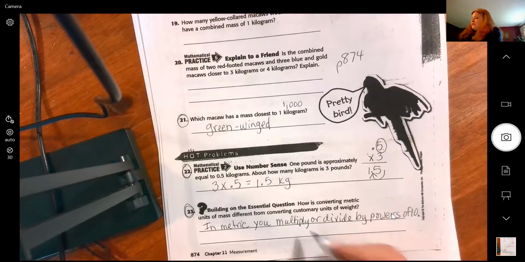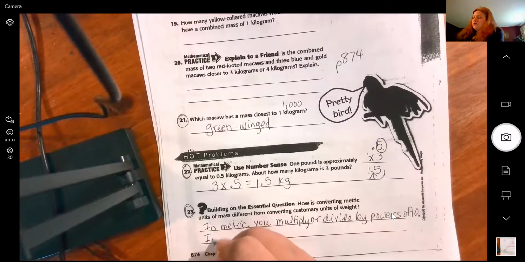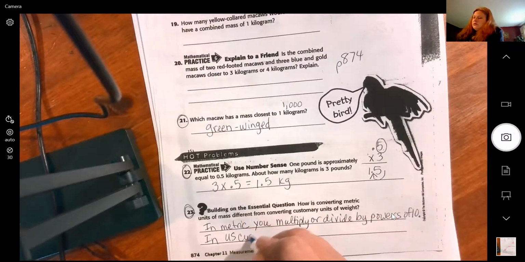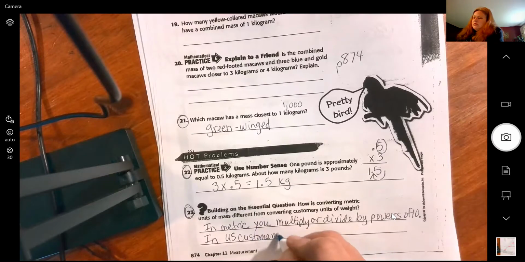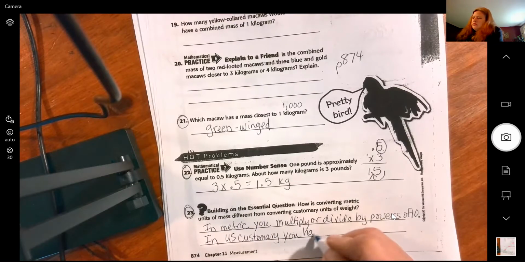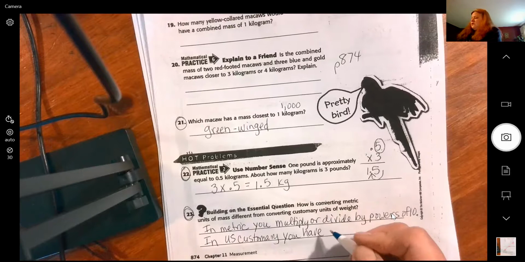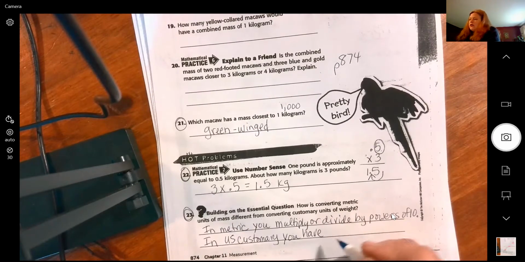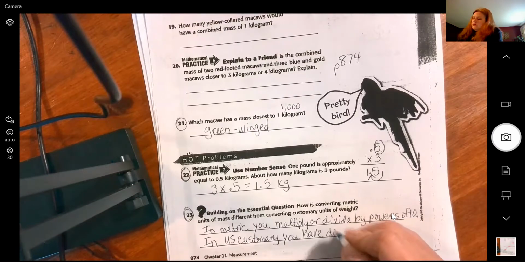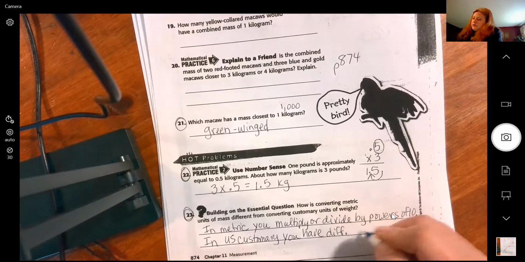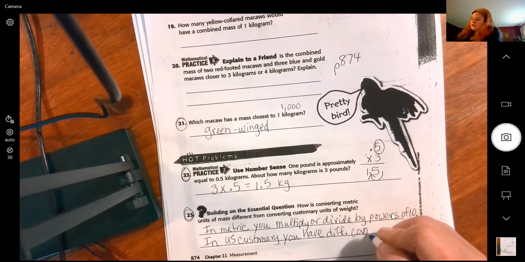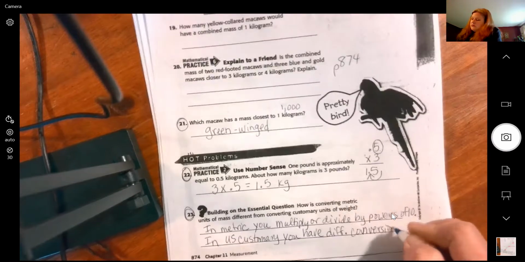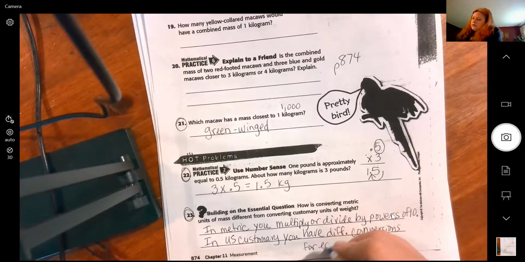Well, customary, you have different formulas for everyone. 12 inches equals a foot, 3 feet equals a yard, 2,000 pounds equals a ton. Different conversions for each one.